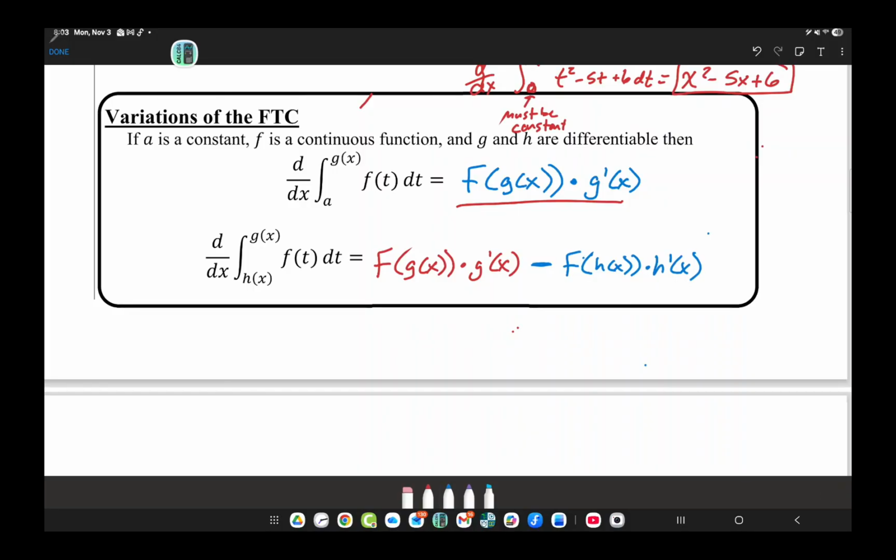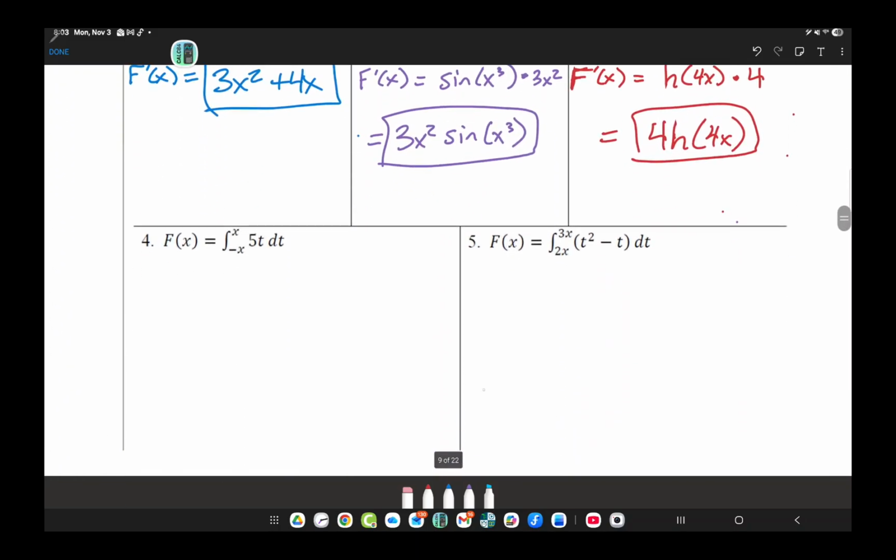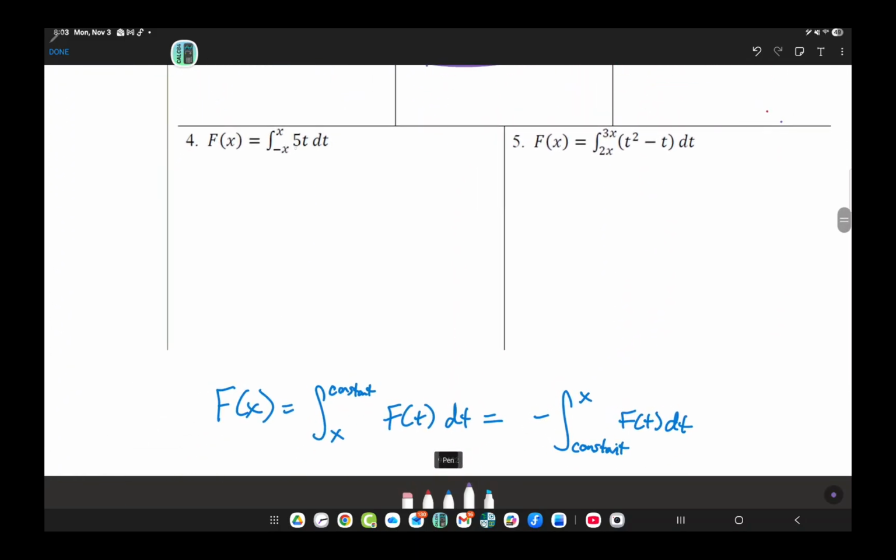So let's see this in practice. Again, this is my function, so capital F prime of x would be, again, I'm going to plug that x in here, so 5x times derivative of x, which is 1, minus, here this is 5 times negative x, times this derivative, which is negative 1.